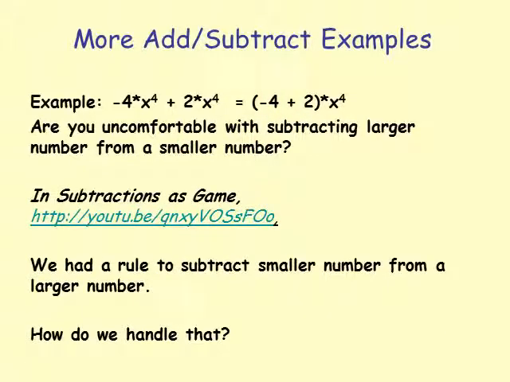Let's continue here. In the video, subtraction as a game, we had a rule to subtract a smaller number from a larger number. How do we handle that? So if there's an issue, let's see if we can convert it to subtracting a smaller number from a larger number. Let's continue.